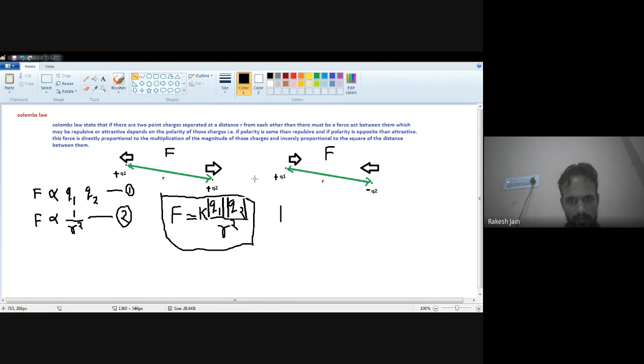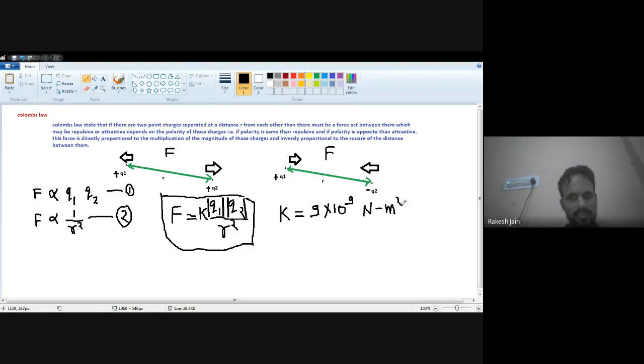So this is the final formula, where the value of this K is equal to 9 multiplied by 10 to power 9. And the unit of this K is Newton meter square divided by Coulomb square.